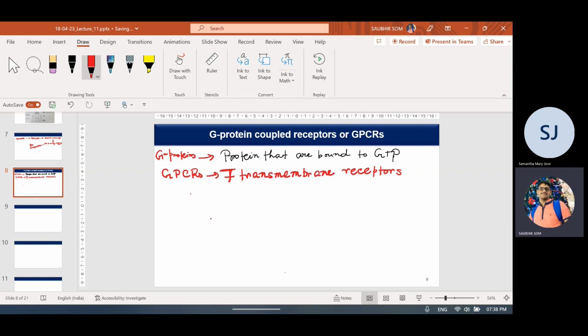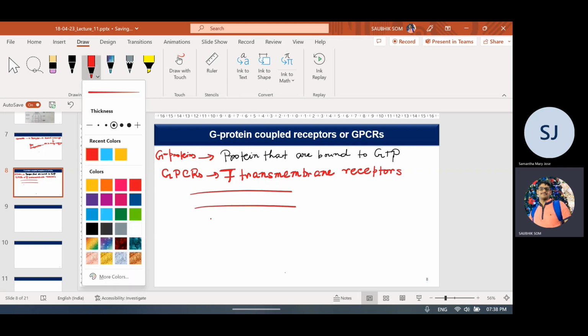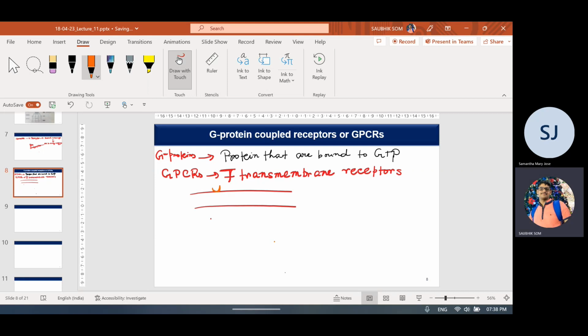This is because these GPCR molecules, if this is my cell membrane, and this is say my hormonal receptor, they have 7 transmembrane domains: 1, 2, 3, 4, 5, 6, 7. So these are the transmembrane domains. That's why they are also known as the 7 transmembrane receptors.